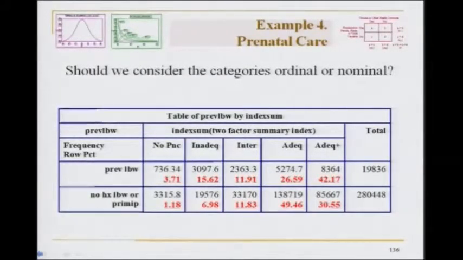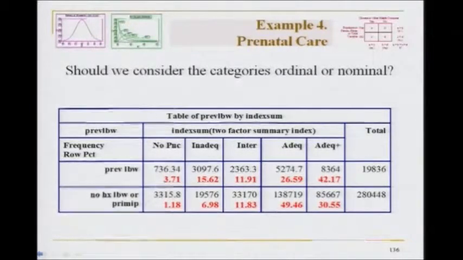This is inadequate care. So remember, top row is the higher risk group, history of preterm, history of low birth weight, sorry. Intermediate care, not much difference. Adequate care, what's going on here? And then adequate plus. Does somebody want to talk to me about these categories of APNCU?